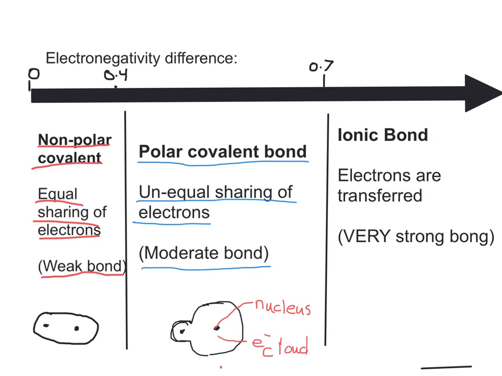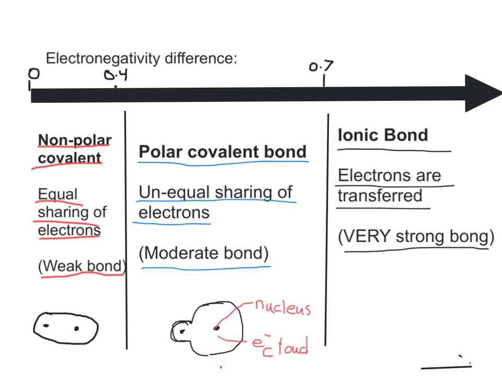Finally, if your electronegativity difference is greater than 0.7, you have an ionic bond, and the electrons are transferred from the metal to the nonmetal. And because they're transferred, the bond is very, very strong. So the important thing to remember from this lesson is that a covalent bond can either be nonpolar or polar.